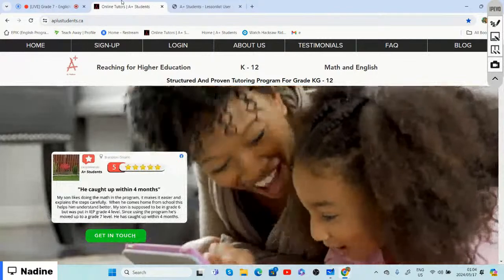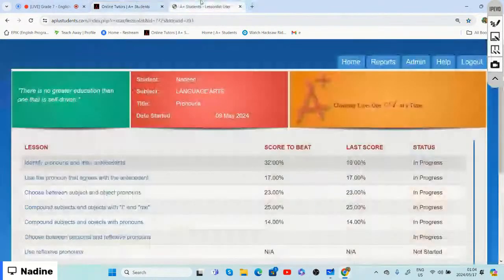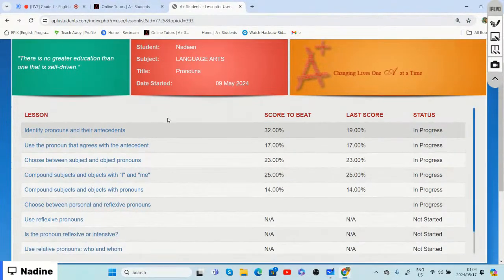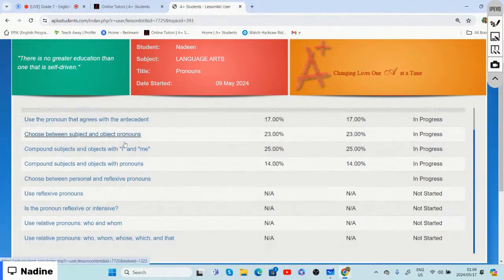Then we're going to scroll down until we get to the chapter of pronouns. As you can see, there's quite a few lessons under pronouns.